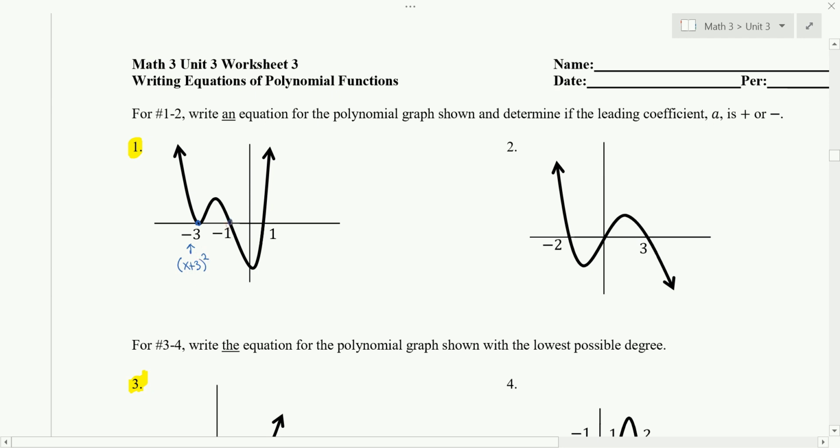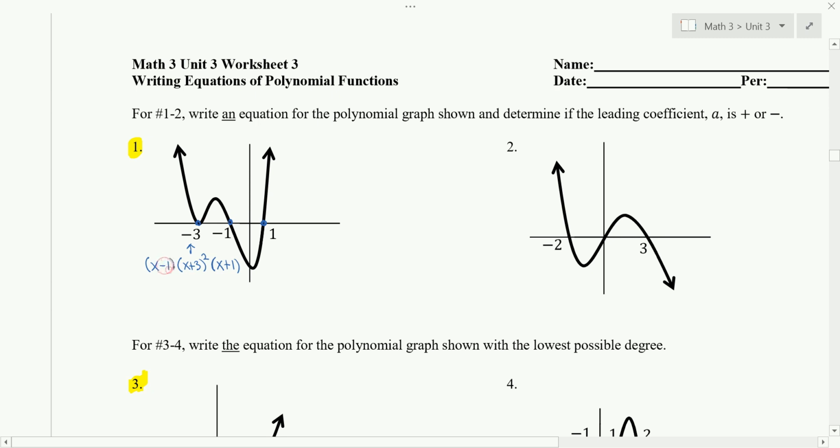The next one we have a -1, so that would give us a factor of x plus 1. And the last one we have an x-intercept at 1, which would give us a factor of x minus 1. I'll put that out in front here because I'm running out of room.